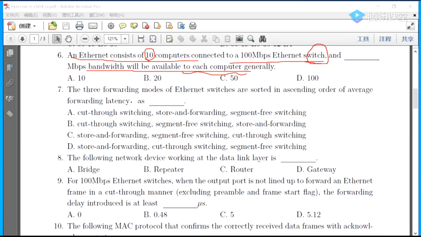Please choose the answers. Which one is the answer? A, B, C, or D?